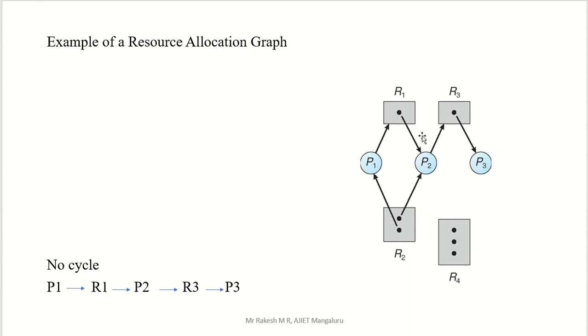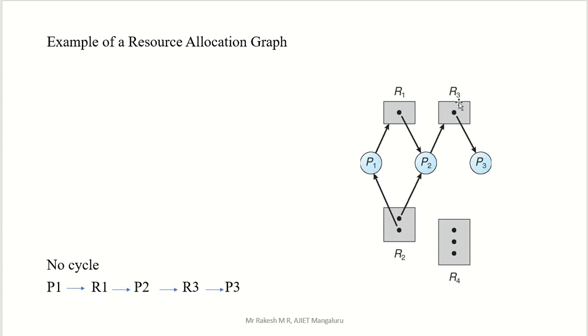P2. That one instance of the resource is already assigned to P2. This is an assignment, and this is a request. Already assigned to P2. Here for P2, one of the instances of R2 is given. That is assigned. Like this, for P1, one of the instances of R2 is assigned.